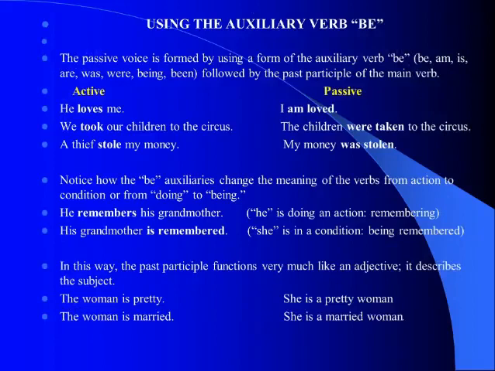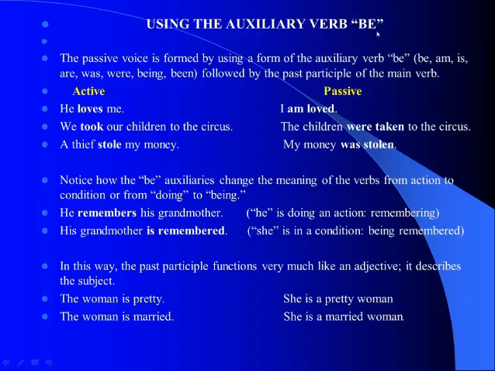Using the auxiliary verb be. What is be? Be is the base form. Most of the time, the students might have heard or seen this word be, but students are not bothered about what this word is. You see, be is the base form of the auxiliary verb. For example, from be, what is it deriving?